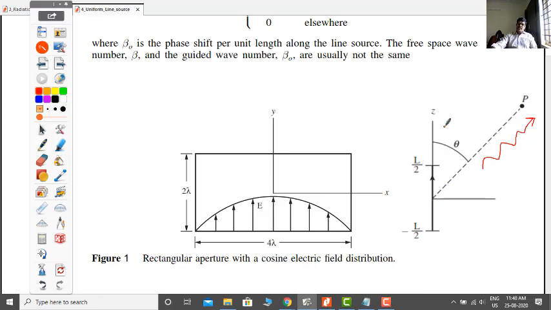Now see, theta is measured from the Z axis. So when theta is 0 degrees, this will be along the Z axis. When theta is 90 degrees, this will be along the other, normal axis. When theta is 0 degrees, this is referred to as end fire.